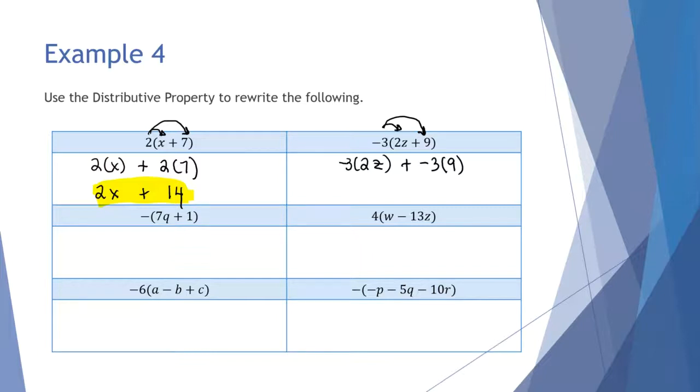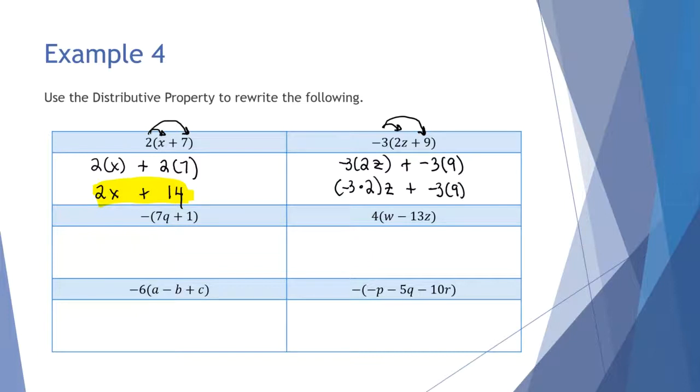And then you'd want to try to simplify this further. So I showed you that we can do the associative property, where you can rearrange your parentheses here. So we can do -3 times 2 instead of -3 times, and then 2 times z. So we can rewrite that.